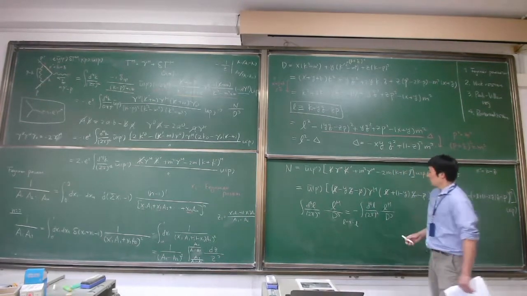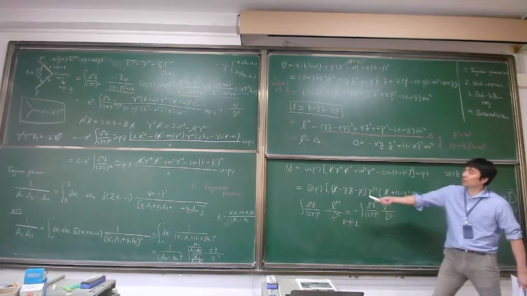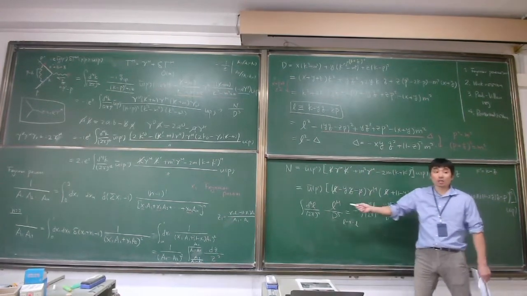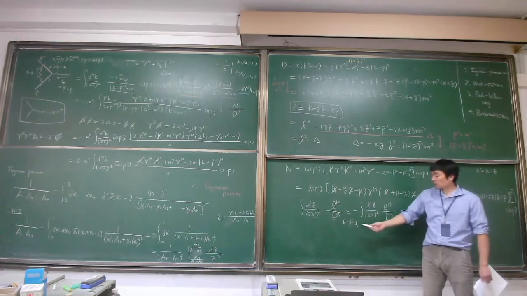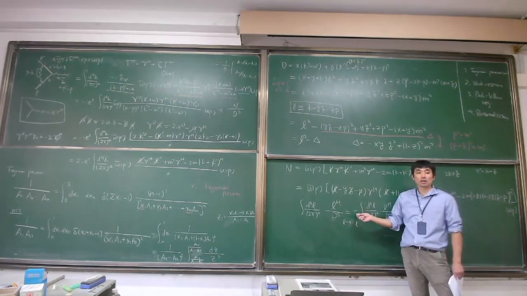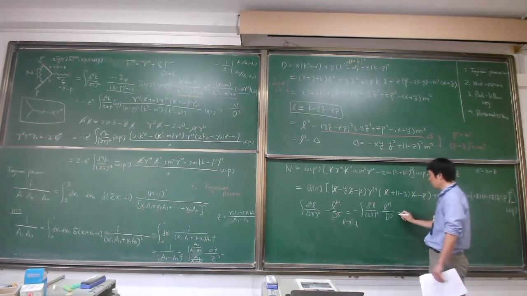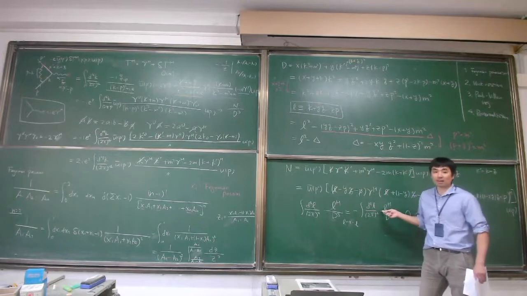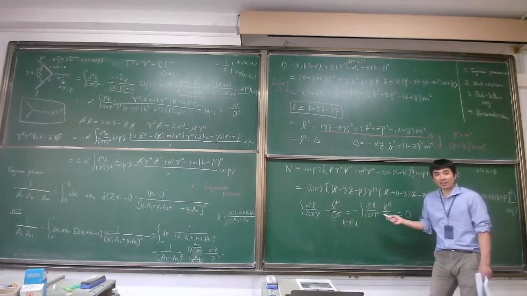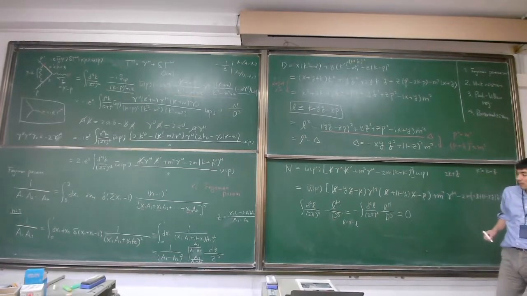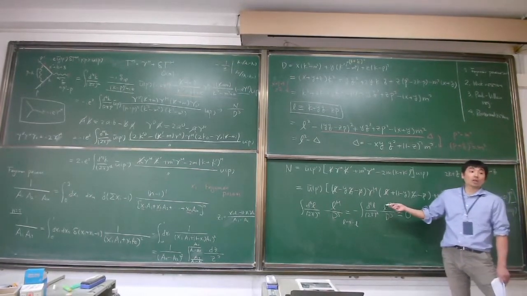Okay. So dq in the denominator is just even, and the numerator is odd. So therefore, if L goes to minus L, you get an overall minus sign. Okay. So therefore, this should be equal to 0. Something equal to minus itself, a equal to minus a, has to be 0. So this is because the numerator is odd.